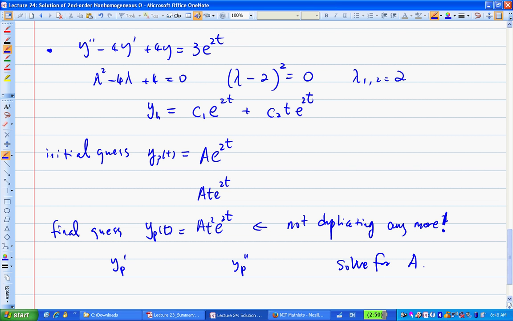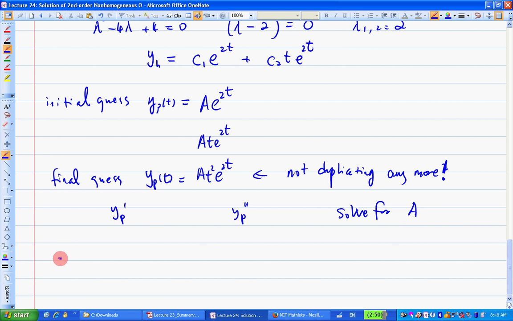So you need to look at the situations under which you will have these duplications. You need to make the modification rules.